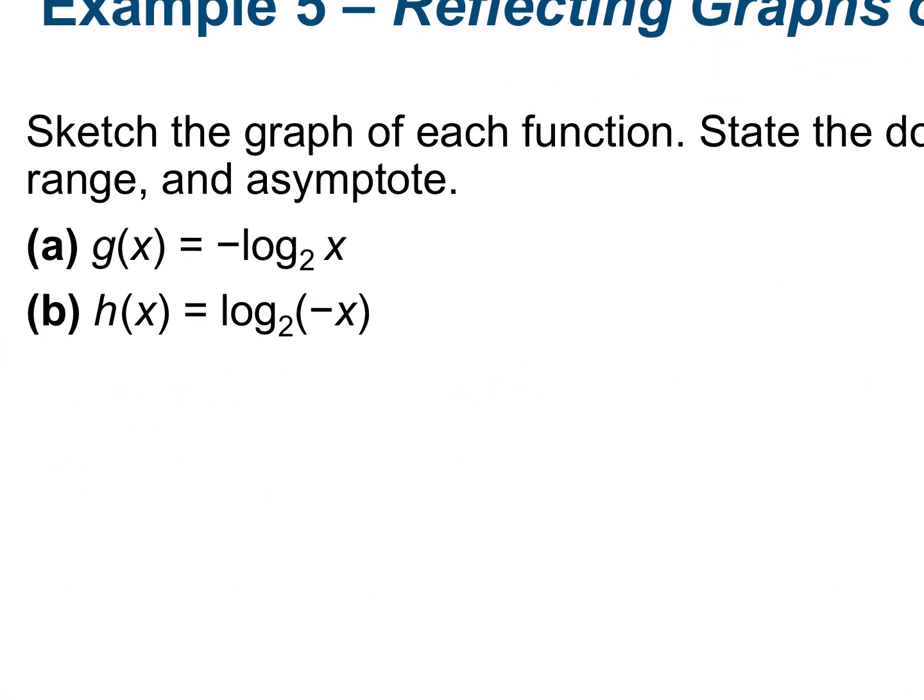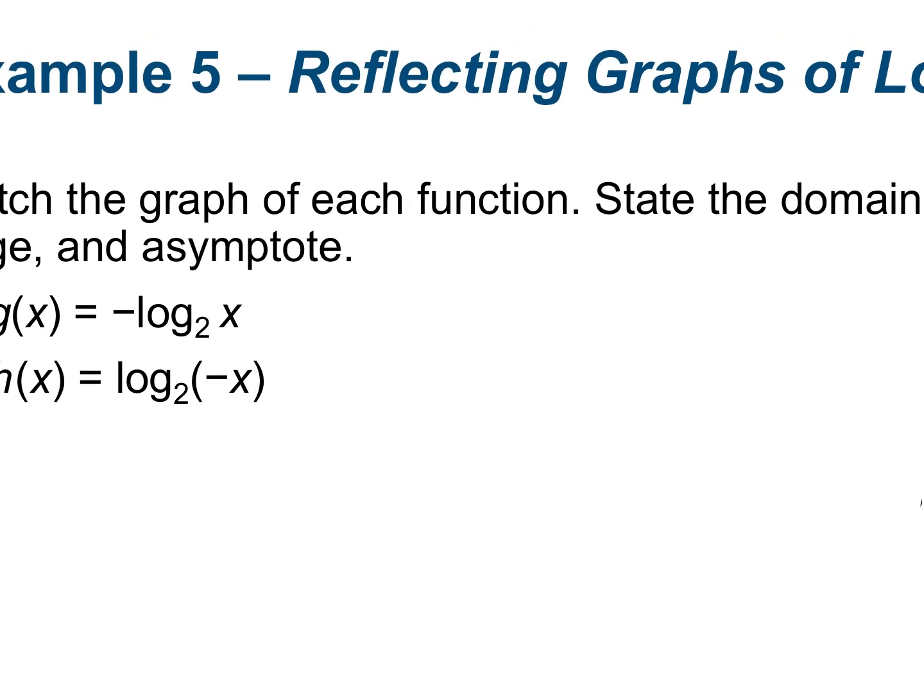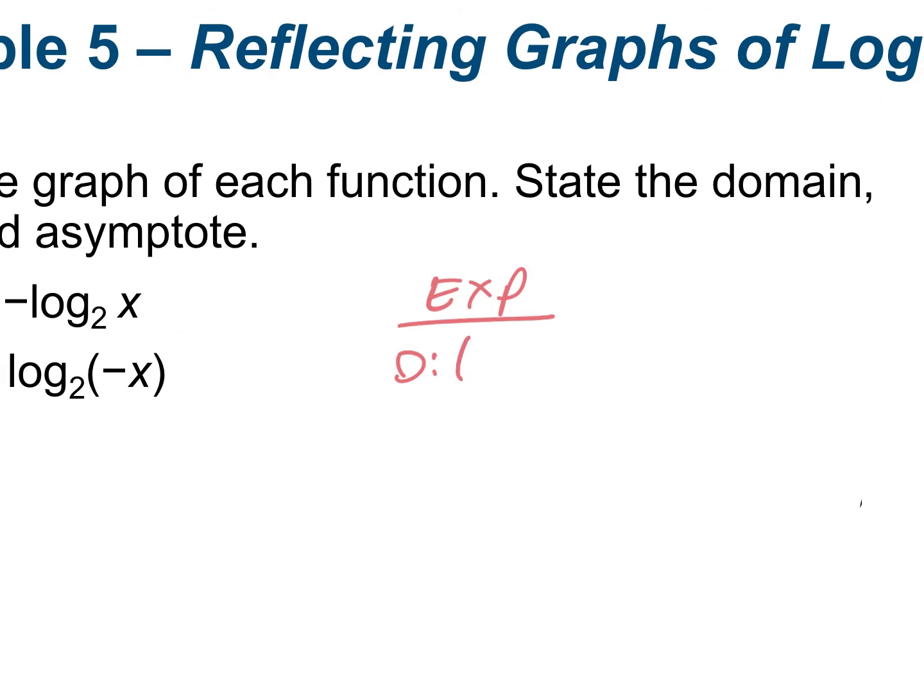All right. I talked to you guys last week a lot about exponentials and logarithmics. Let's talk about exponentials for a second. For exponentials, the domain is always what? Negative infinity to positive infinity. The thing that changes with an exponential function is your range. It's based on the horizontal asymptote.